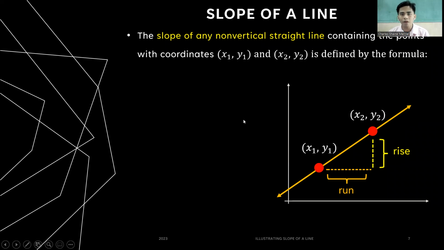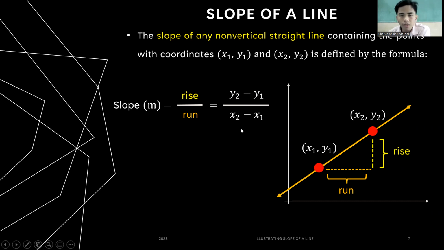Okay? Again, pag vertical straight line, that is undefined. Now, what is the formula on how to get the slope of a line? Okay? So, we have here the slope is equal to rise over run. Yung rise natin is, ang gagawin natin, isusubtract lang natin yung y sub 1 kay y sub 2. So we have y sub 2 minus y sub 1 over x sub 2 minus x sub 1. Now si run naman, isusubtract natin si x sub 1 kay x sub 2.